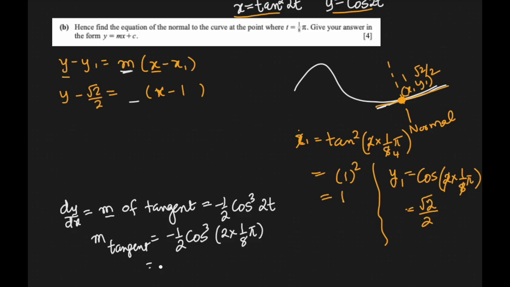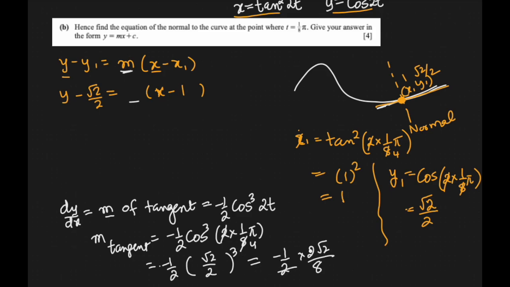So that comes out to be how much? Minus half cos cube, this again 1 over 4 pi, so square root 2 over 2 cube, right? That is the value of cos 1 over 4 pi, and we have to cube it because there is a cube here, which comes out to be minus 1 over 2 times 2 square root 2 over 2 cube, which is 8.